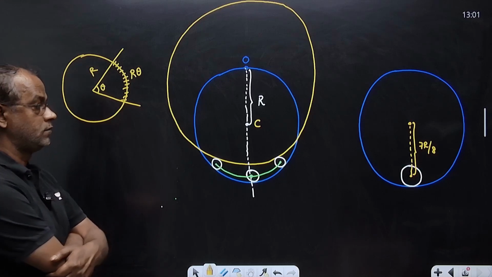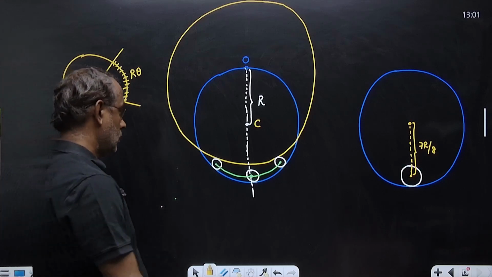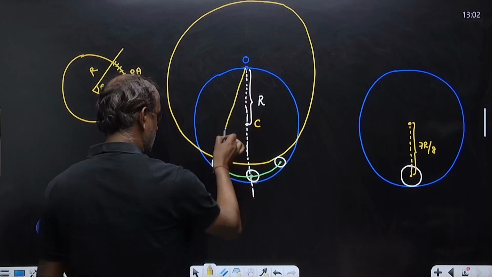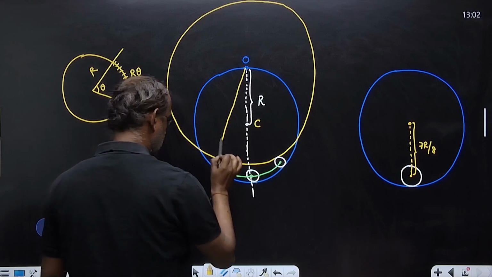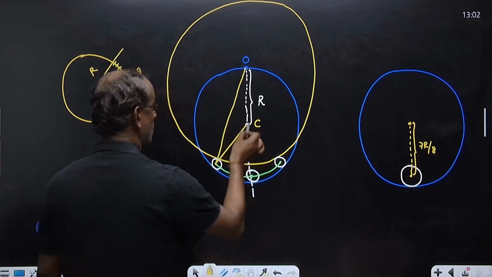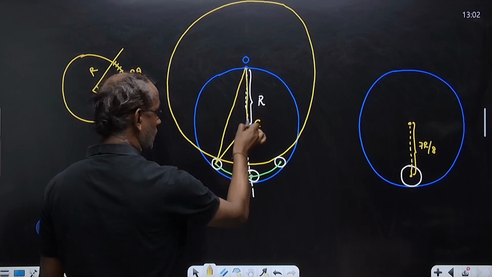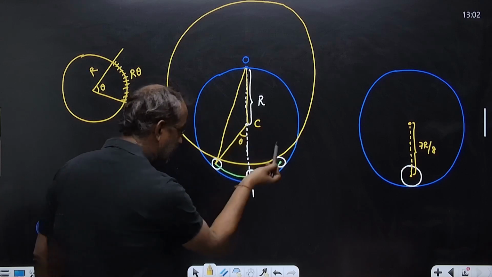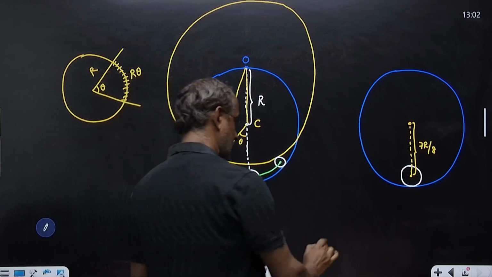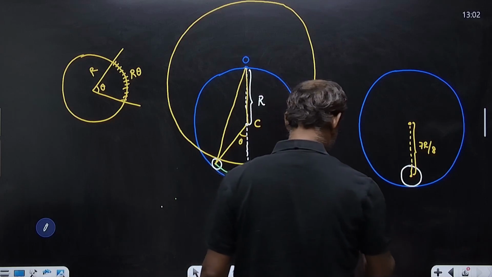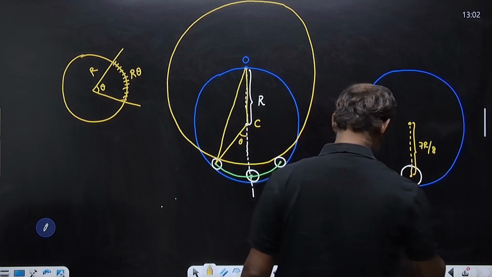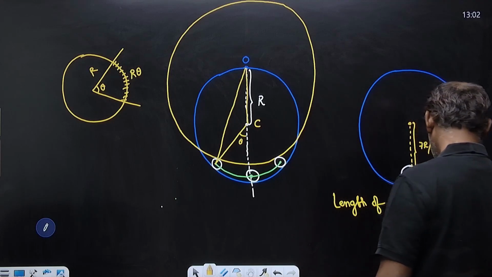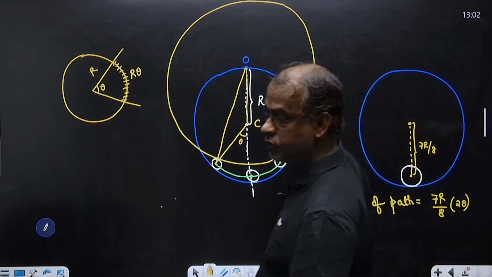Now look at it. In this extreme situation, let me draw this triangle. If this angle is theta, on the right it will also be theta. So the length of the path is 7r by 8 into 2 theta.